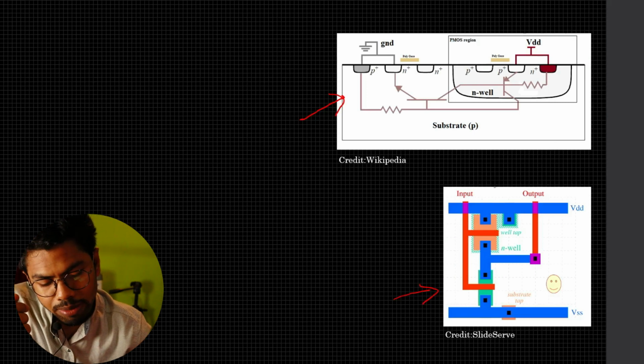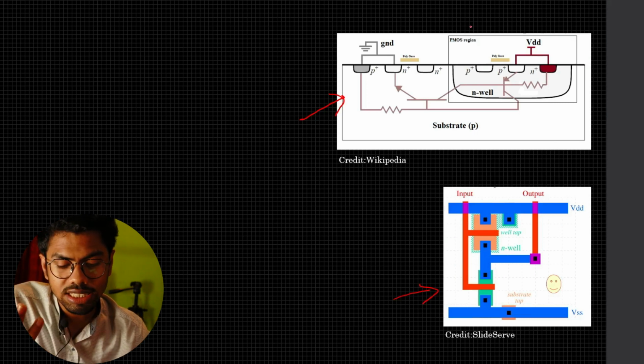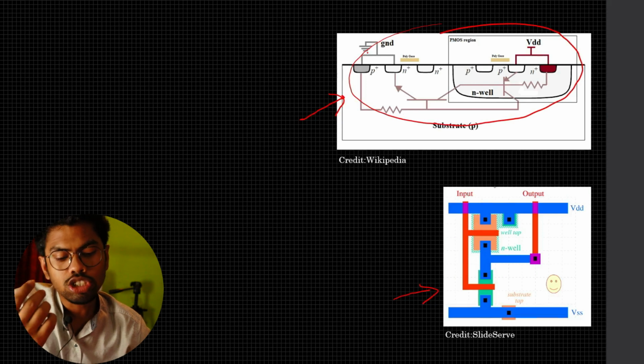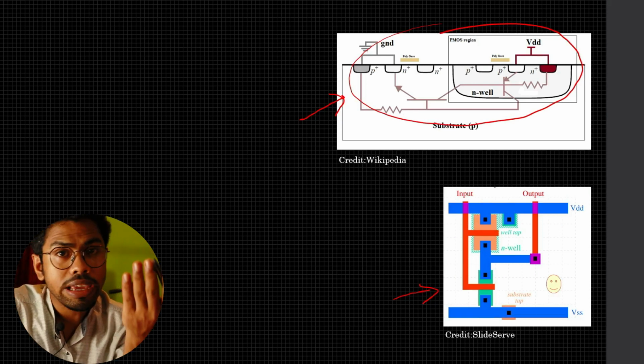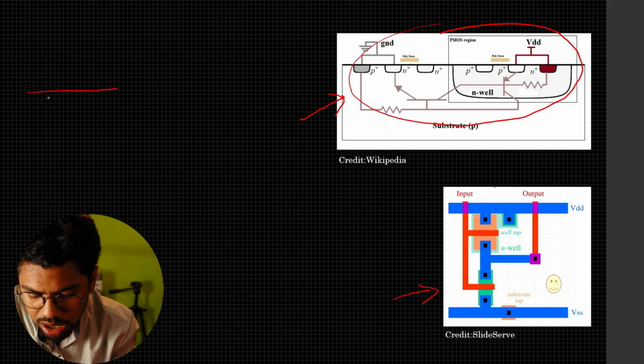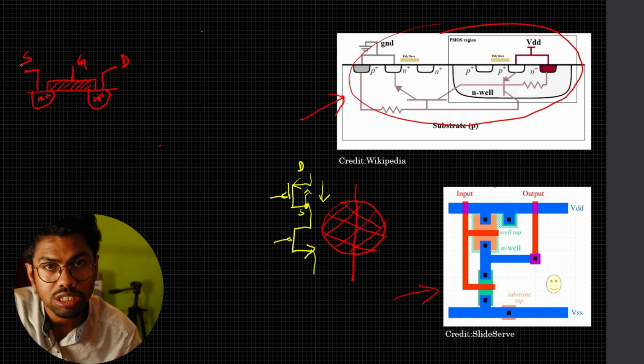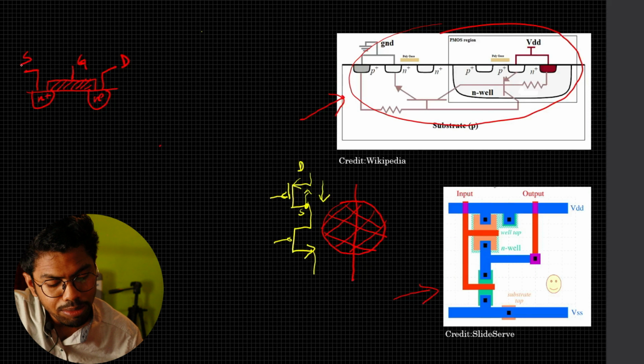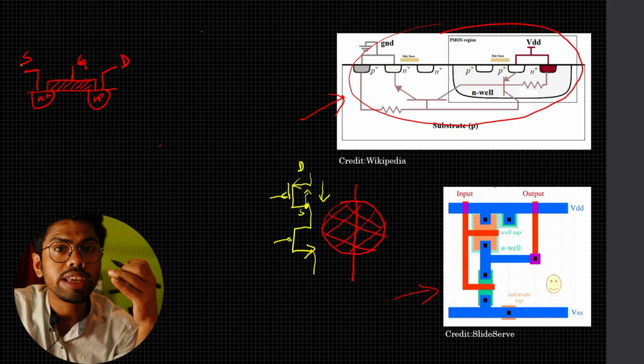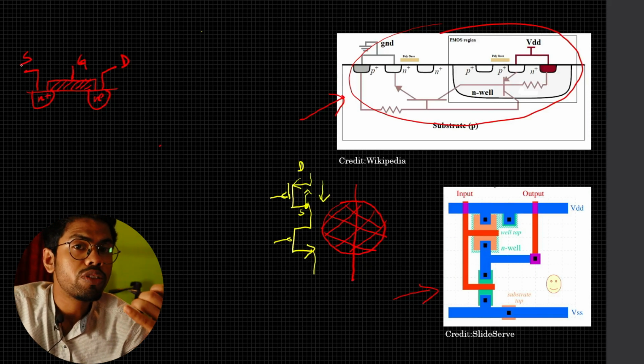Now you will be very confused if you have never seen this, wondering what it is. So let me explain. See, in books you generally saw your NMOS, so it would be N plus. This could be your gate, this could be your drain, and this could be your source. This is our NMOS, and anytime we have our substrate, we assume that it is P type.